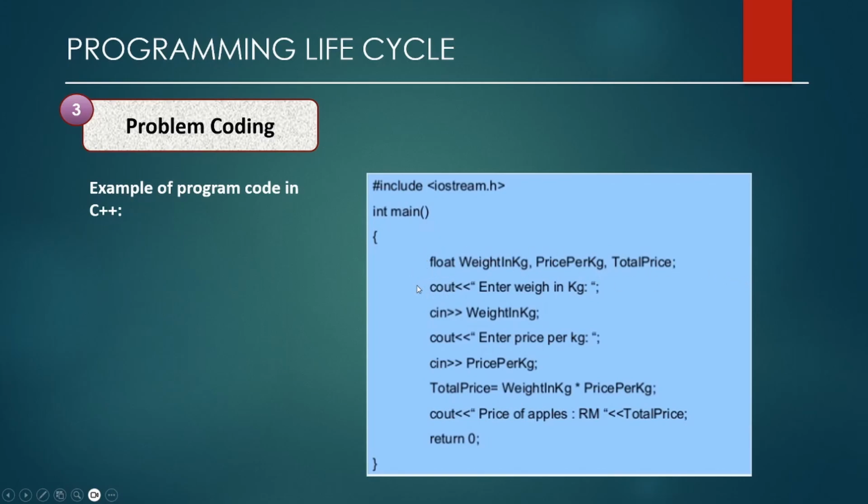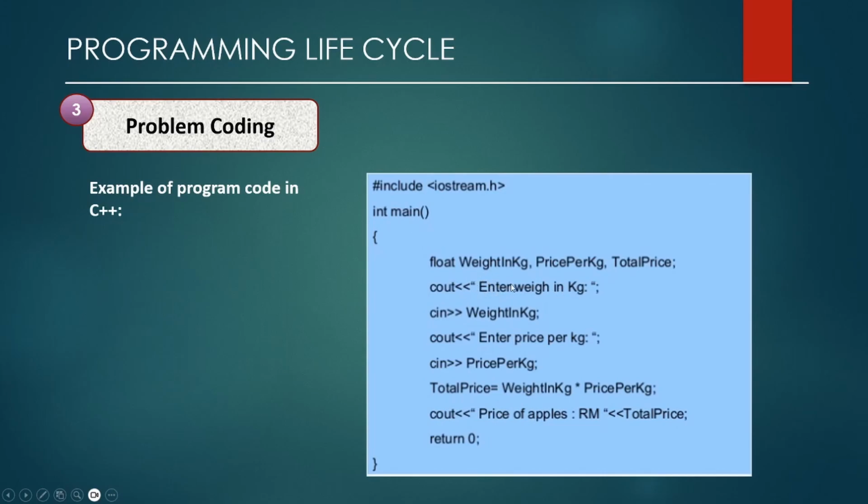Next line is cout, enter weight in kg. What do you mean by cout? In the lab soon you will learn what cout does. What cout does is show on the screen what you want to display, such as enter weight in kilogram. With this command, the screen will show this exact writing.